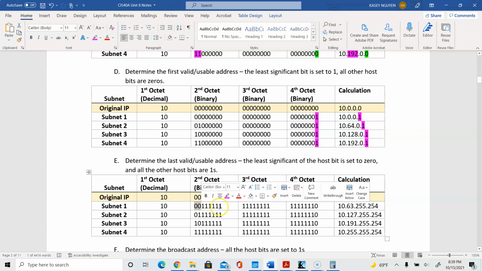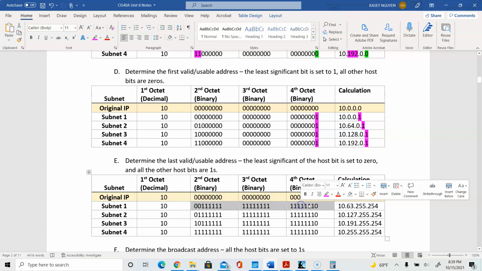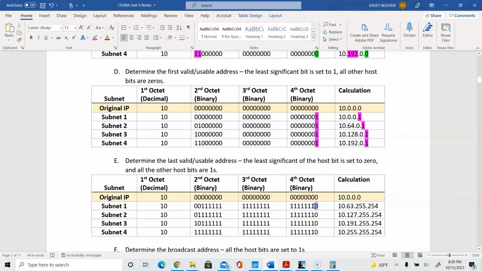So 0, 0, and then everything else, I want to make sure that it's going to be 1, except for my least significant bit, which is 0. So the most right-hand side bit needs to be 0, and then everything in between from the borrow bits to the next to the least significant bit, bit number 2, that's going to be all 1s.